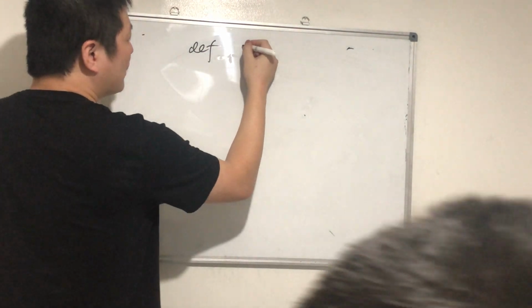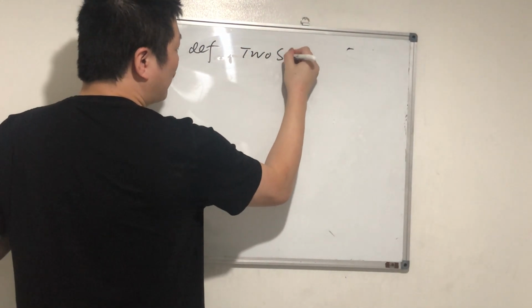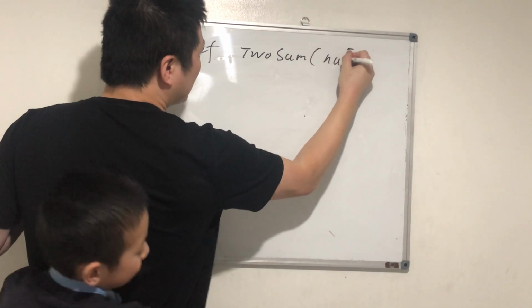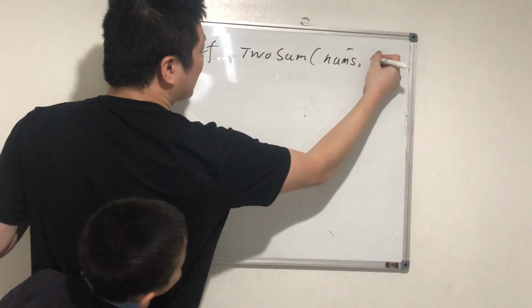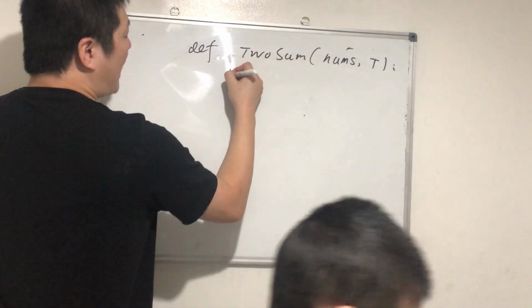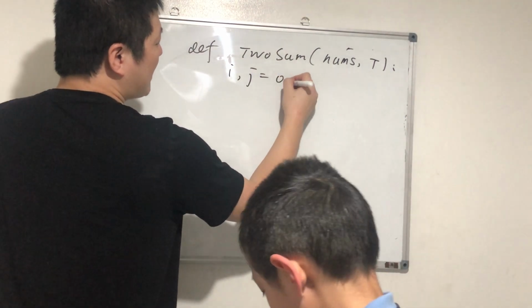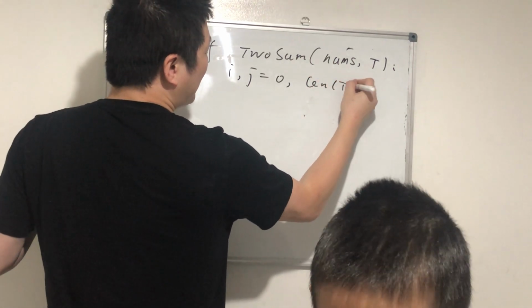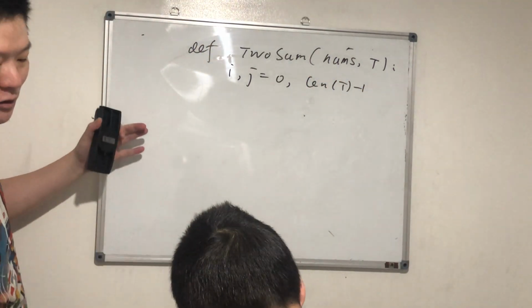Define two_sum_sorted, with nums and target. i, j equals 0, length of nums minus 1, so i and j point to both ends.